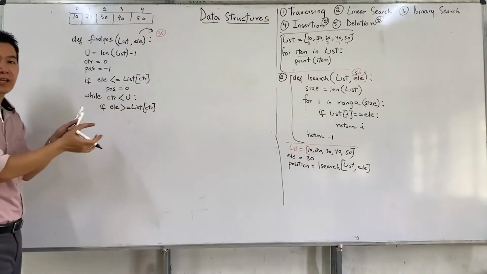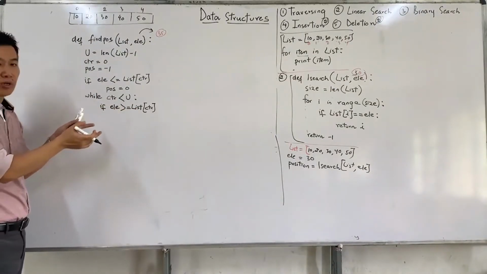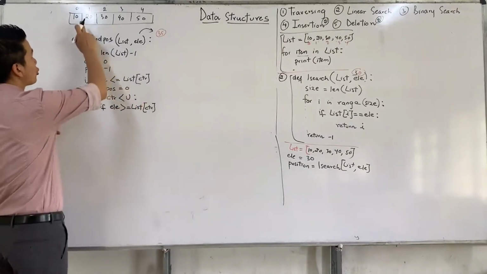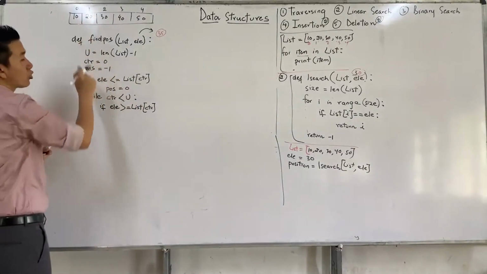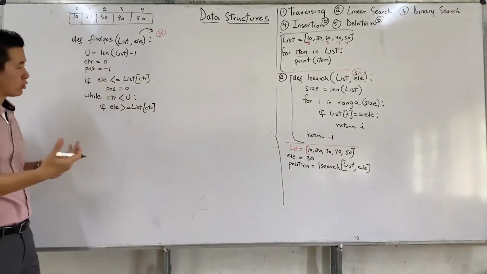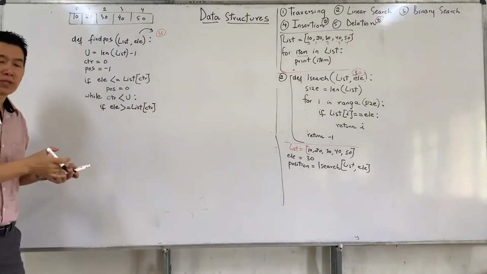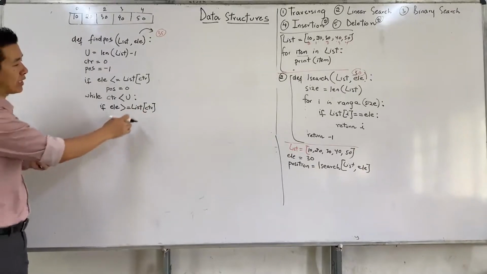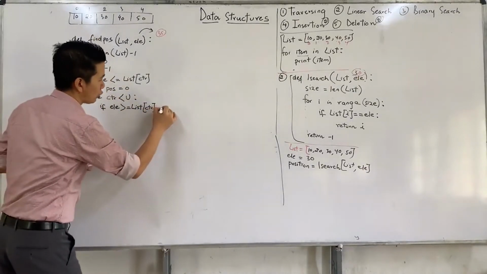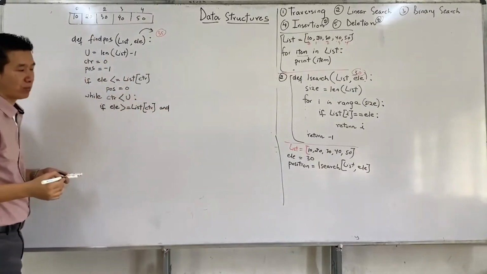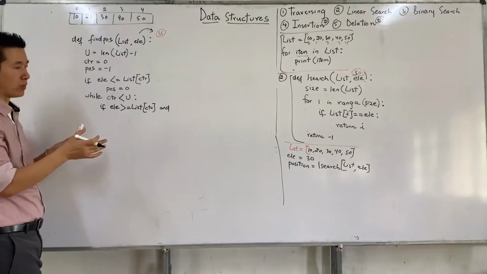At the same time, you need to ensure it's less than or equal to the next one. This one can be retrieved by adding 1 to CTR. So the CTR value is 0, and if you add 1 to CTR, you're clearly referring to the next one. This is a very important part of the program.